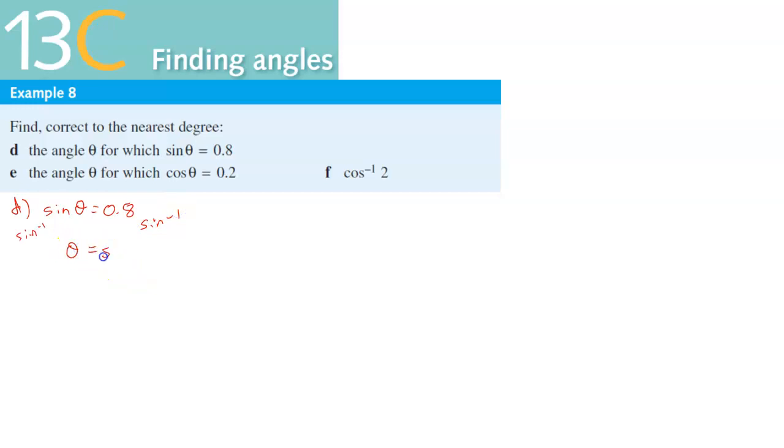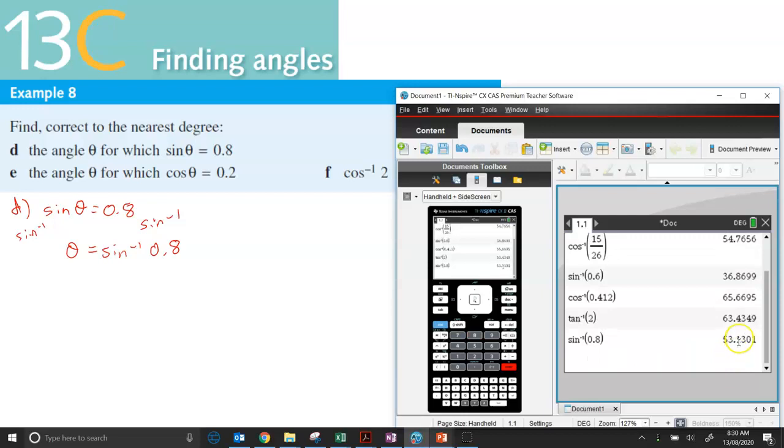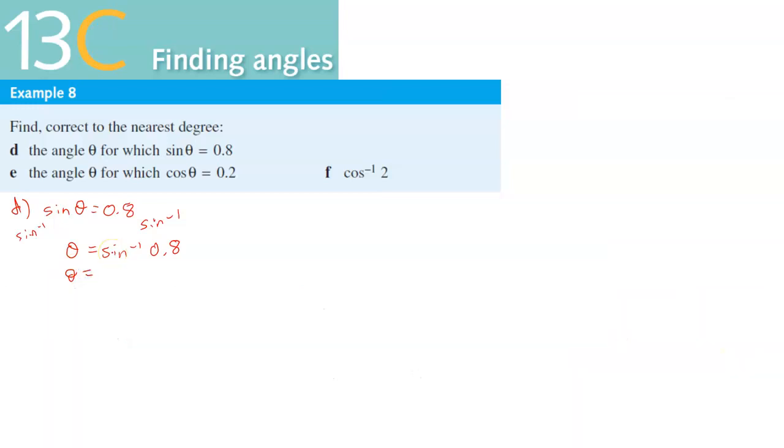So theta equals inverse sine 0.8. So trig inverse sine 0.8, close the bracket, press enter. To the nearest degree, that gives me 51. So theta equals 51.